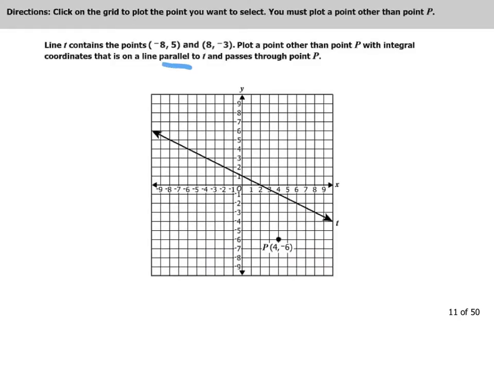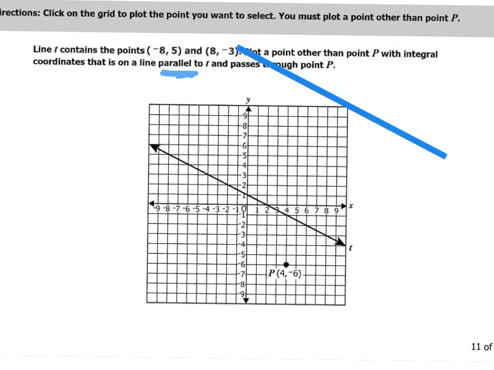My key word in this problem is parallel. So if it's going to be parallel, these slopes are going to be the same. For this particular problem, I would definitely get my ruler out and put it right on top of the line. Then I would slide it down to the point here and find another point that it goes through.